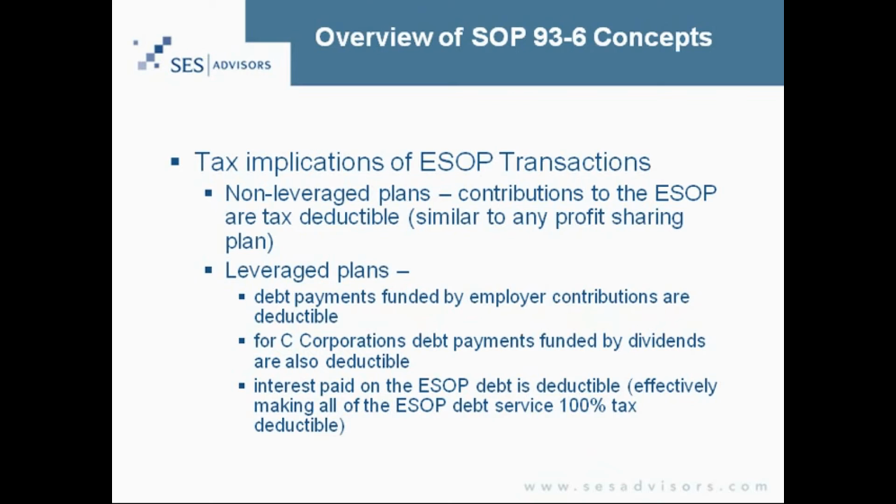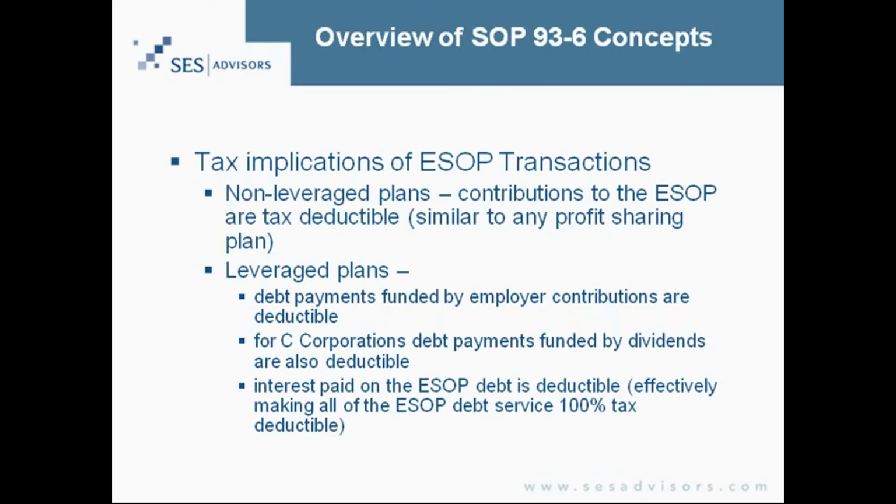Now, the interest paid on ESOP debt is also deductible, which effectively makes all of the ESOP debt service 100% tax deductible. So if you think about leveraged buyouts and why they're attractive, the main thing that makes them attractive is, one, debt generally costs less than equity, so there's a lower cost of capital for the company.